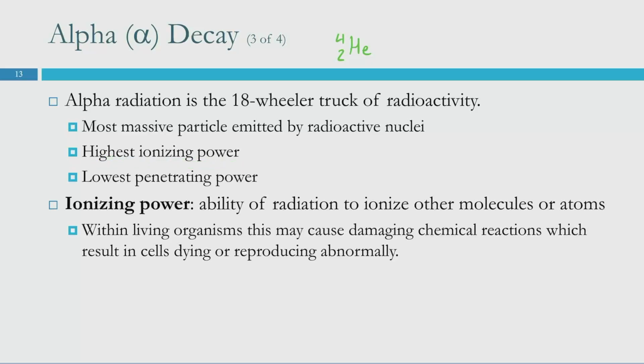It's got the highest ionizing power. It does the most damage when it crashes, is basically what that means. Most likely to form splinters of cars and other vehicles. However, it has the lowest penetrating power, most easily stuck in traffic.